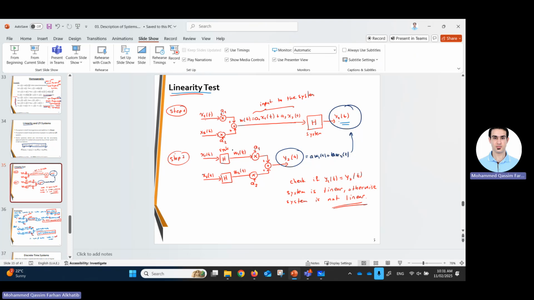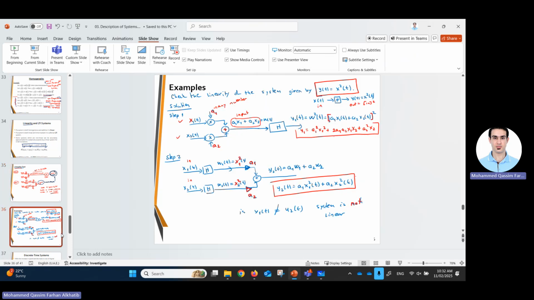Okay, there you go. That's the block diagram. So you have x1 scaled, x2 scaled, added. Then you apply to the transformation, you'll get a certain response. Then you have transformation, scaled and added, and you get another response. Will both lead to the same answer? If yes, then the system is linear. If no, the system is not linear.